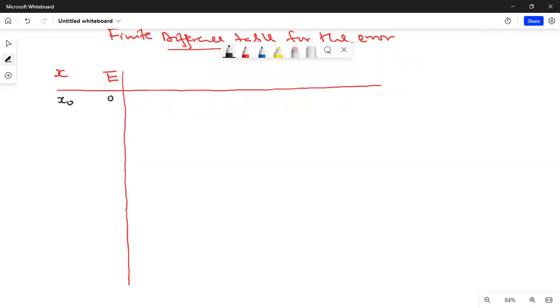The error corresponding to x0 is 0, x1, 0, x2, 0, x3, 0, x4, the error was epsilon, x5, 0, x6, 0.